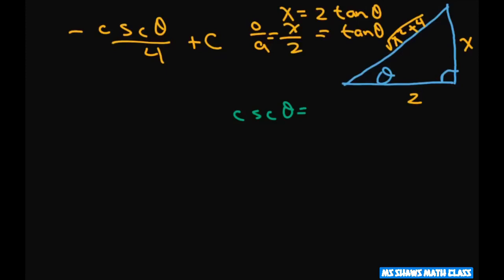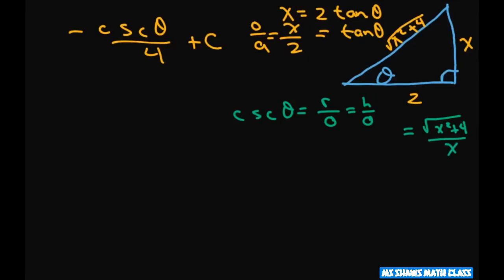We know that cosecant of theta is going to be r over the opposite, or your hypotenuse over the opposite. So that's going to equal the square root of x squared plus 4 divided by x.